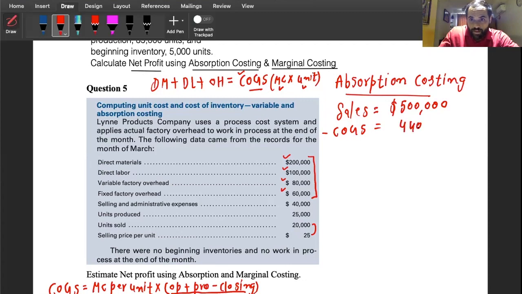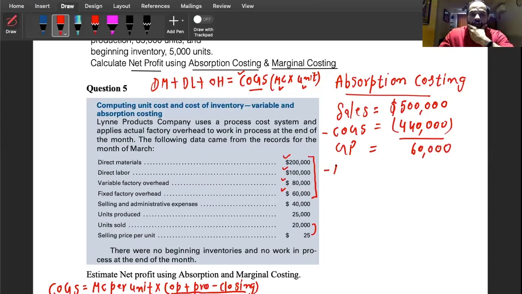So 440,000. That's your cost of goods sold. And your gross profit is 60, right? Minus non-manufacturing cost. How much is non-manufacturing cost? 60, 40, 40 or 60?